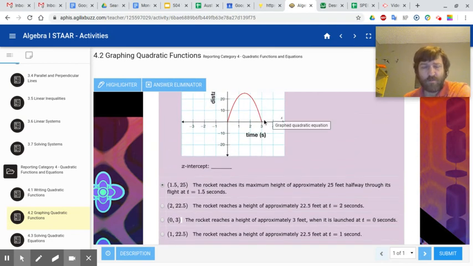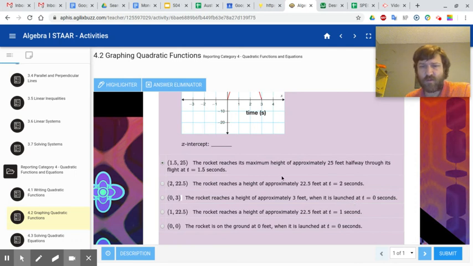0, 3. 0, 3 is not a point on the graph, so I don't know why they're even giving us that. Okay, 1, 22.5. The rocket reaches 22.5 at t equals 1 second. That's true, but I'm not sure that's what they want. The rocket is on the ground at 0 feet, which is launched at t equals 0 seconds.